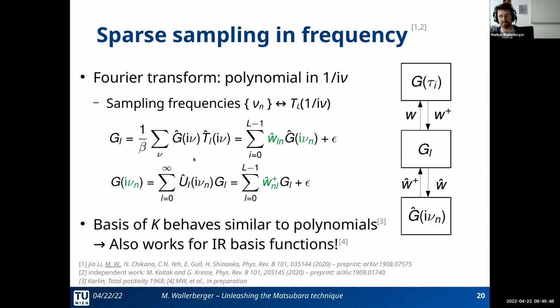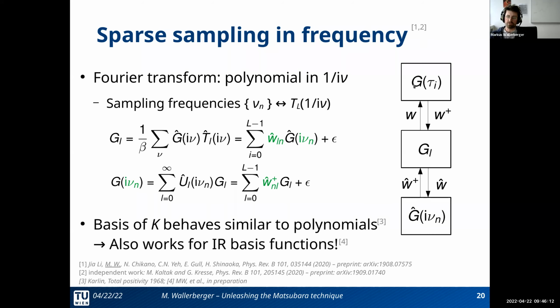You just take the Fourier transform of the Chebyshev polynomial and evaluate it in frequency. And you can also go back. You can take that polynomial and get the coefficient by just taking this set of frequencies with a set of weights. And that in principle solves our problems.